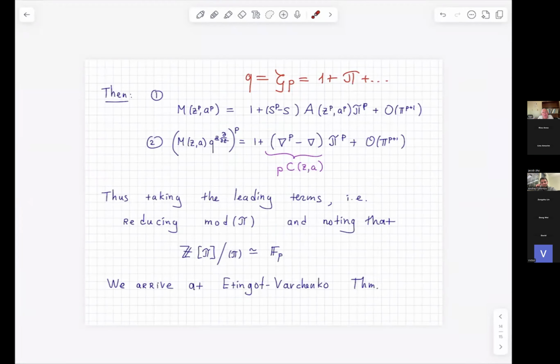By the way, I remember that when Etingof gave a talk on his work with Varchenko at the seminar, I asked him about the q-difference analogs, and he told me that they were working on that. Your approach is opposite. You started with the q-difference result and obtained the result as a limit.